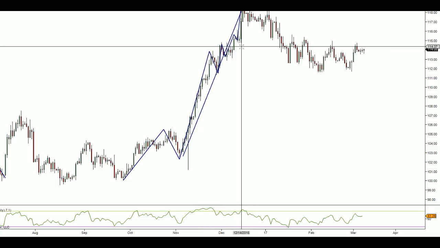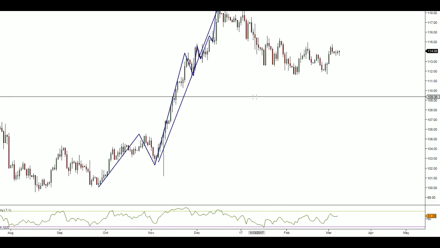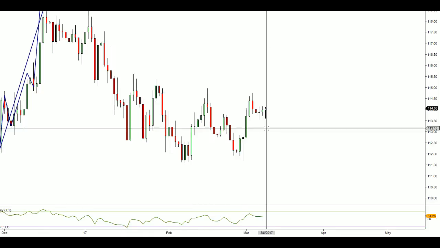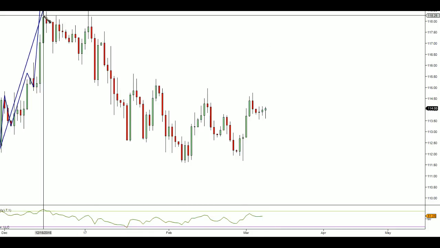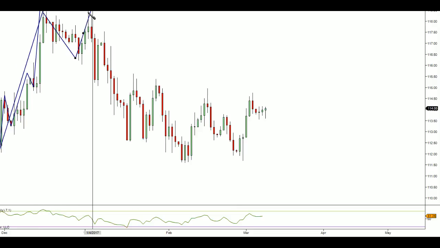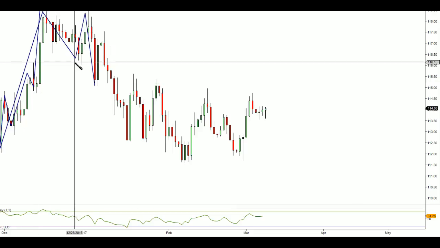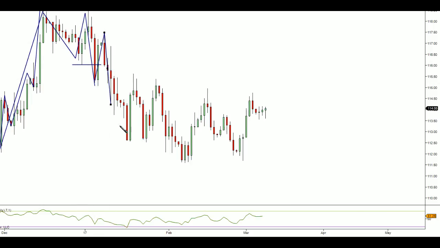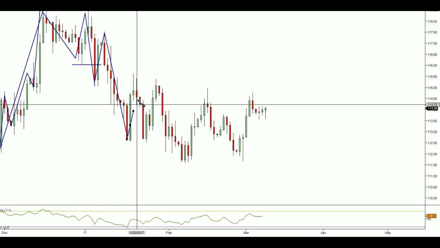It doesn't matter. Let me see if I can zoom in here. Once we get up to these highs, we put in a double top, and then we break lower, closing below this level here. We get an outside return.